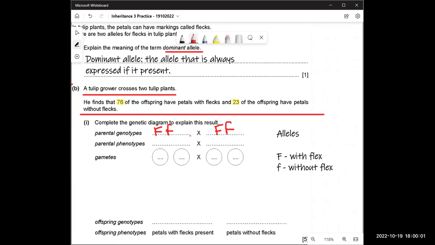Now what are the phenotypes of the parents? It means that it will be all with flecks. We'll write with flecks and with flecks. Ask me questions, whatever you may think. Now tell me the gametes here.